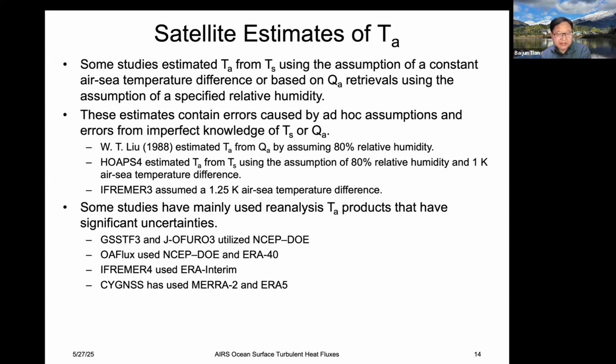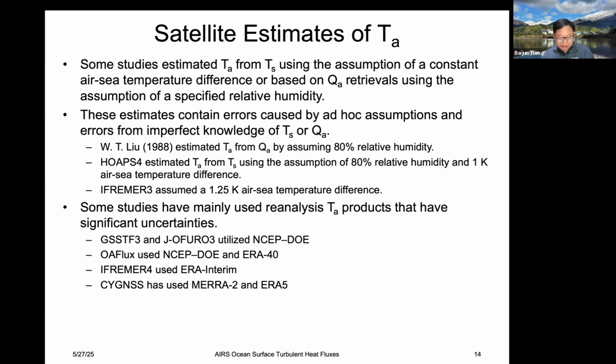Another method, some other studies just use reanalysis near surface air temperature directly. For example, the SSTF, Goddard heat flux and Japanese heat flux use instead of DOE reanalysis product, and OA flux using instead of DOE and ERA-40, and Cygnus using MERRA-2 and ERA5.